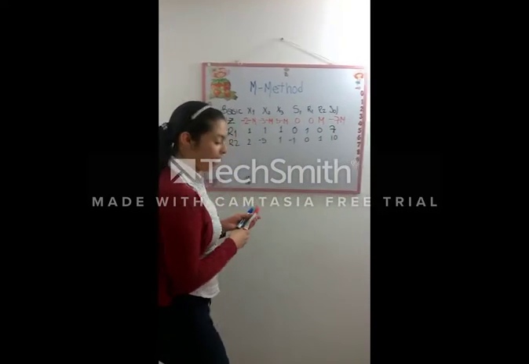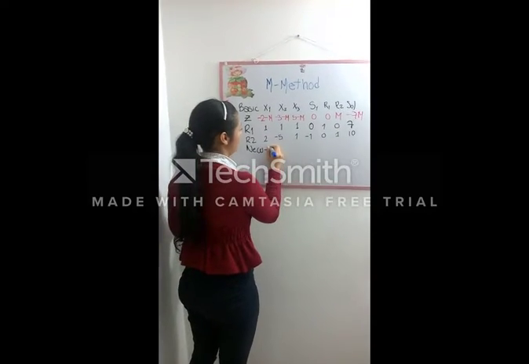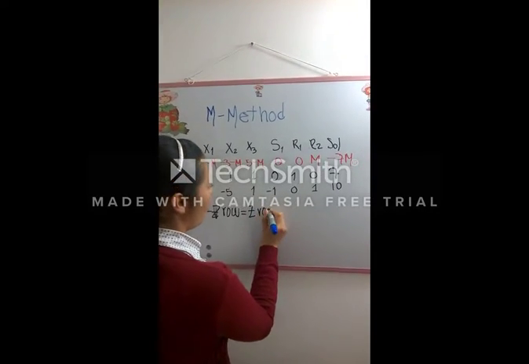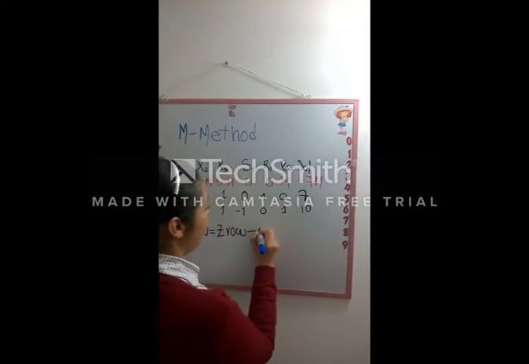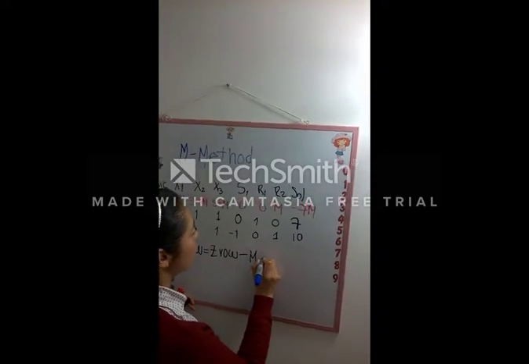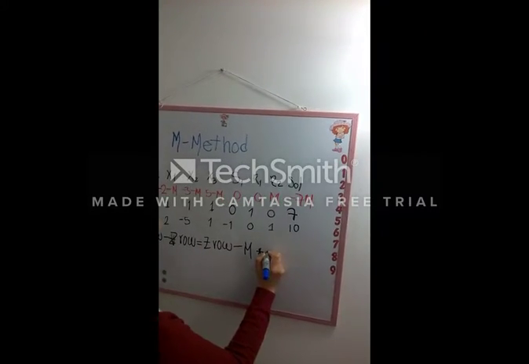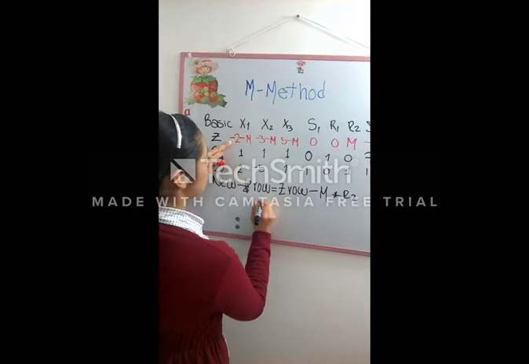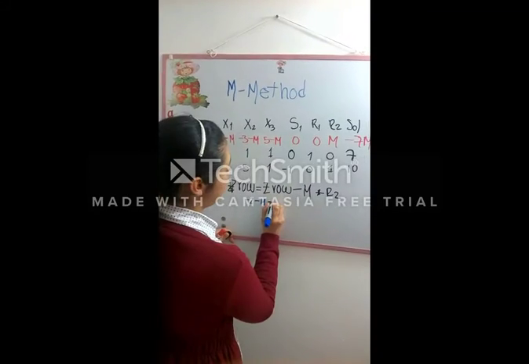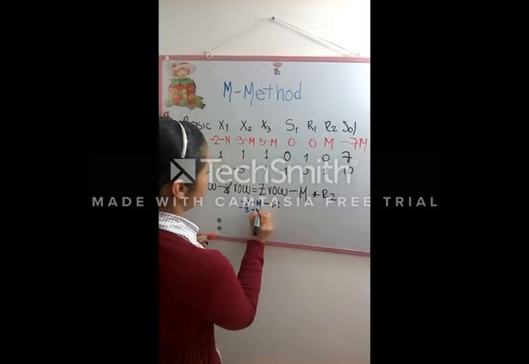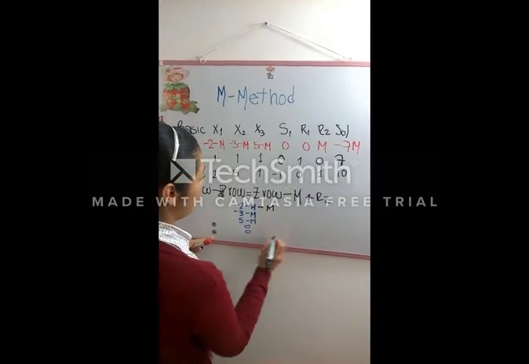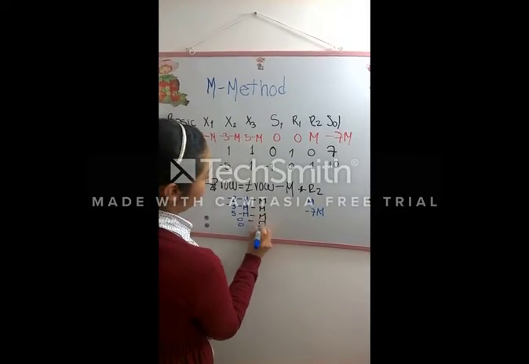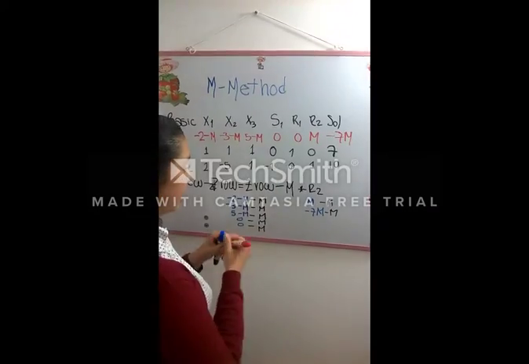To eliminate the M, we get a new row. Multiply by R2.